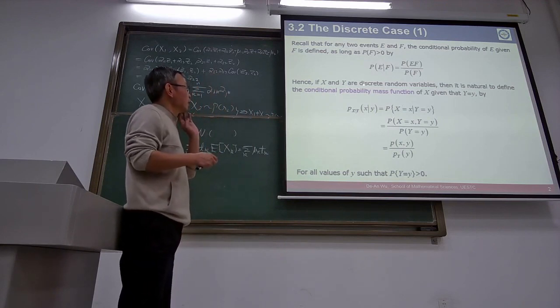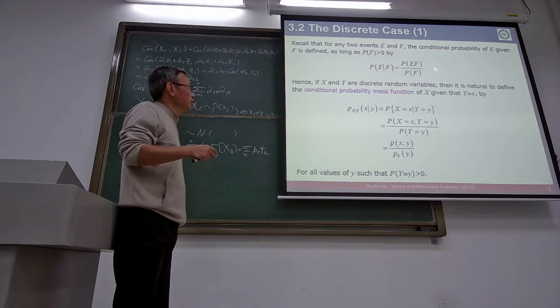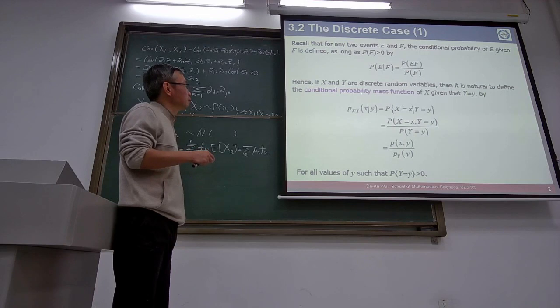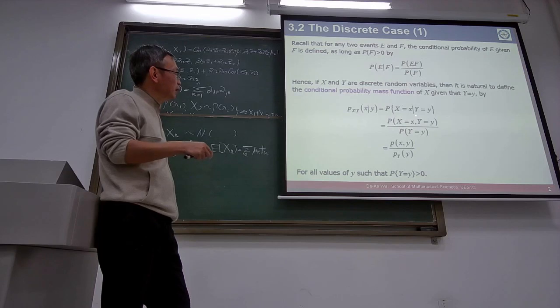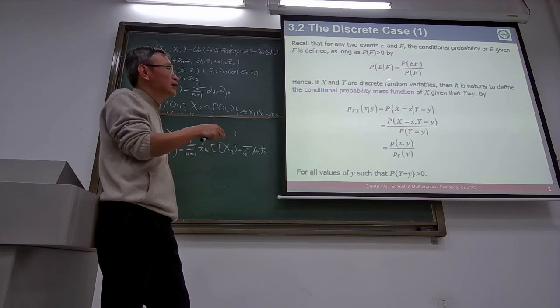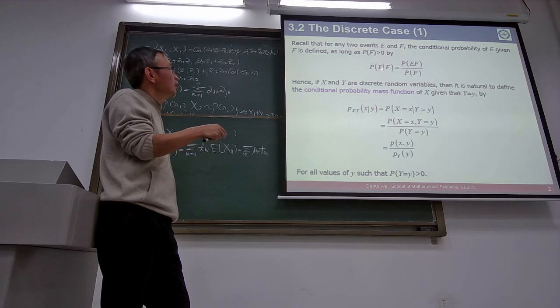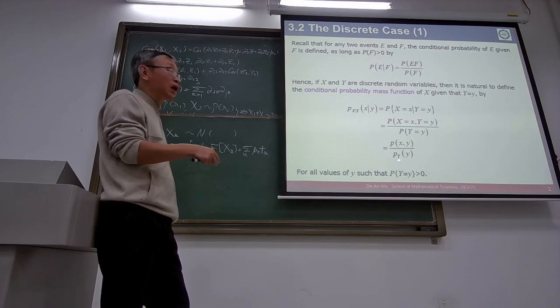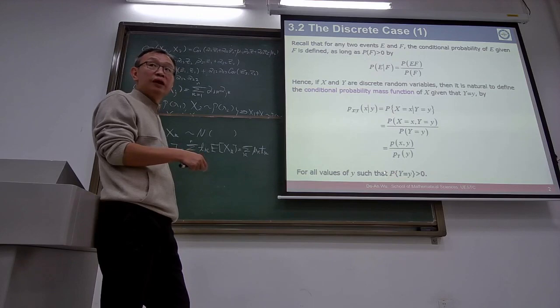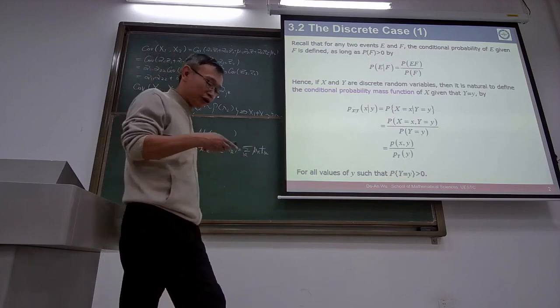If X and Y are discrete random variables, this one, namely the conditional probability mass function, can be calculated just the same as the conditional probability of an event. This is the joint PMF. What is this? This is just the marginal PMF of Y. Okay, this is for the discrete case.